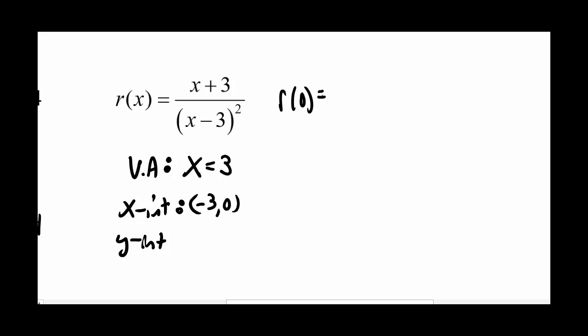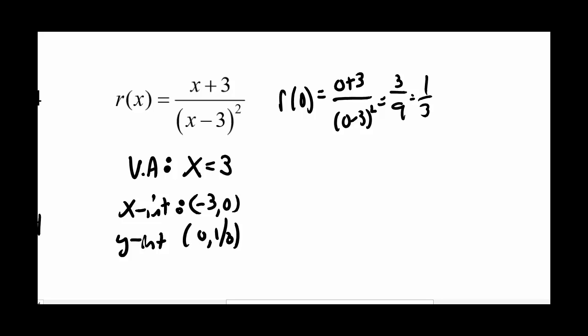So r of 0 is 0 plus 3 over 0 minus 3 squared. So that's 3 over 9, so that's 1/3. Okay, so at (0, 1/3), it crosses the y-axis. It is a bottom-heavy rational, so that would make it y equals 0 for our horizontal asymptote.